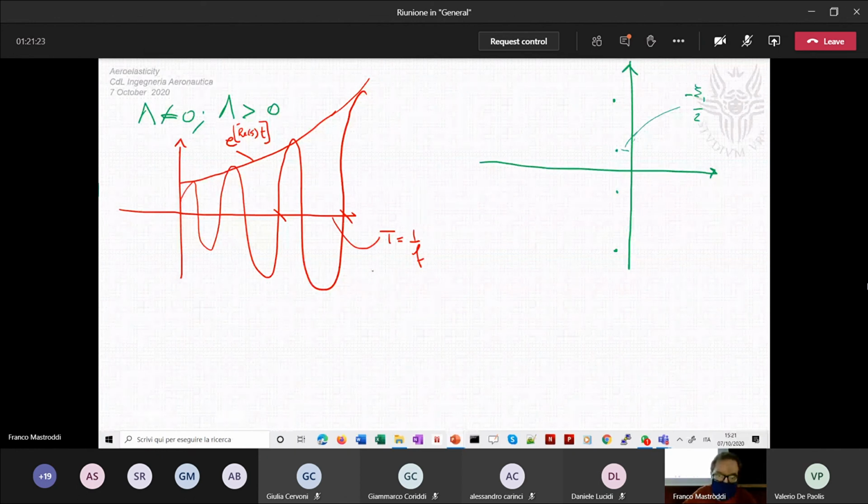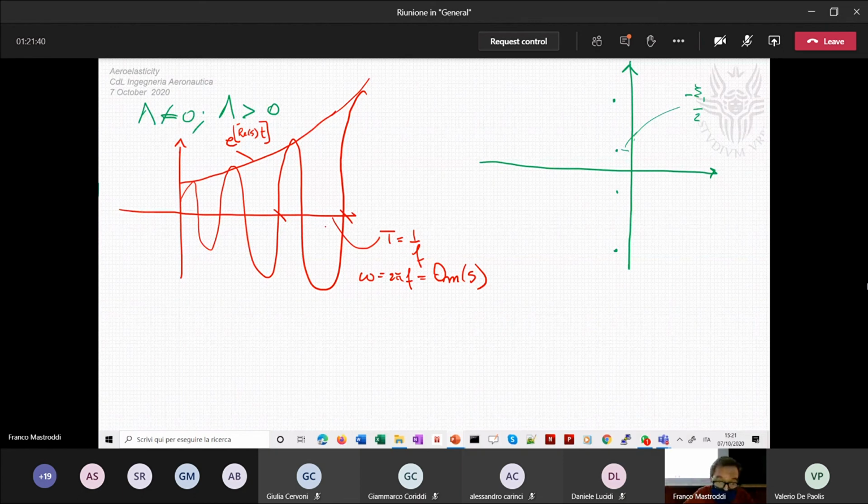This omega is equal to 2 pi f, and this omega is the imaginary part of s. This is the linear theory. After the pole determination, you can predict this.